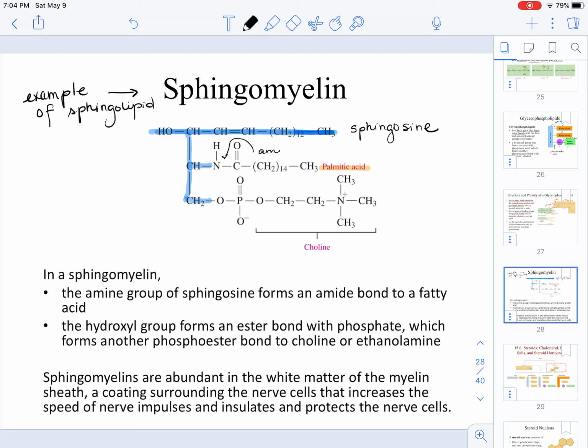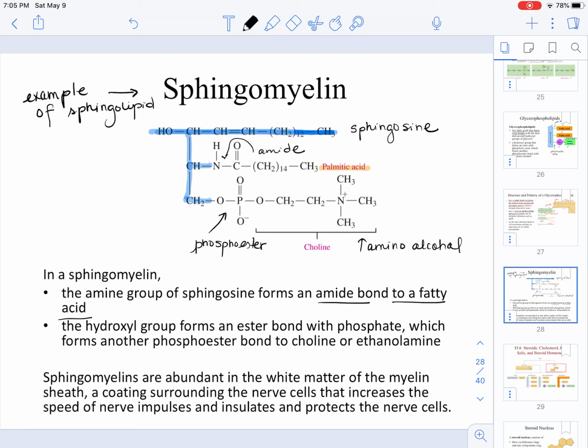And this fatty acid specifically is going to be bonded through an amide bond. And then similar to what we saw in the glycerolphospholipids, we're going to have a phosphoester bond, and we're going to have an amino alcohol. Now, specifically understand that in sphingomyelin, we're going to have the amine group of the sphingosine form that amide bond to the fatty acid, okay?